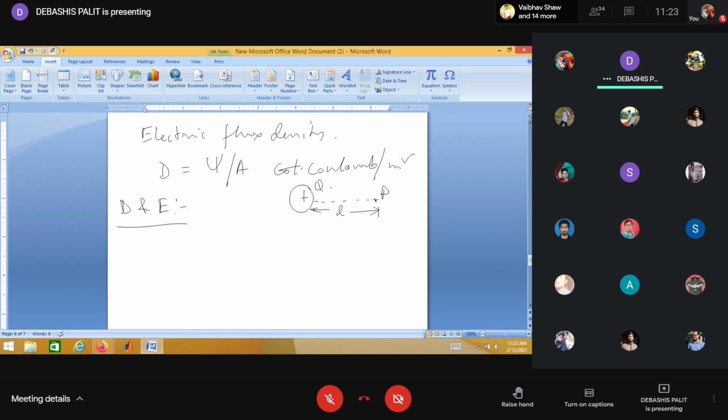At the P point you are considering the field intensity. So the value of the flux density at the P point, D at P point, is equal to plus Q divided by 4 pi d square as per Coulomb's law.